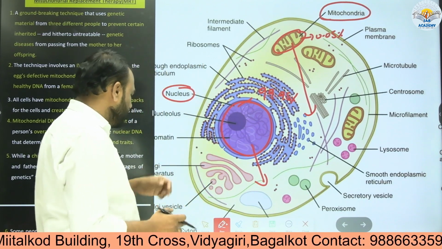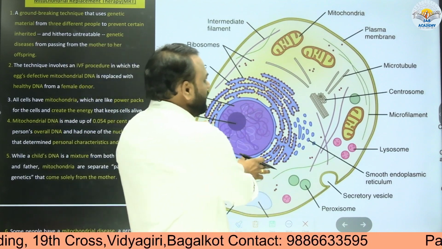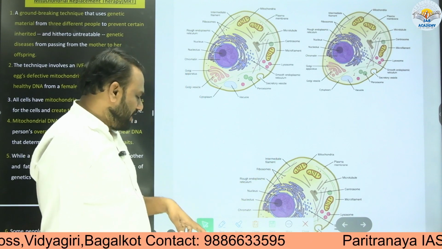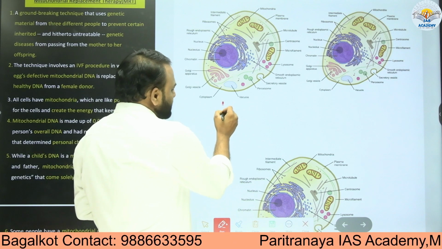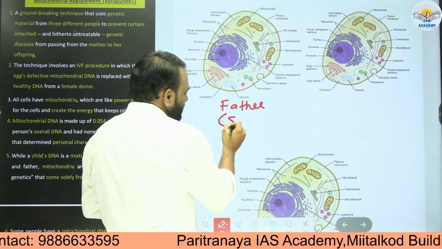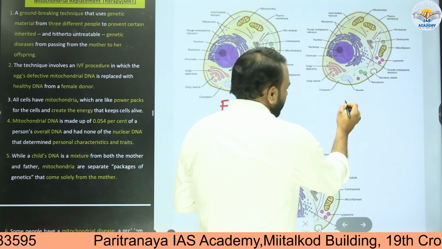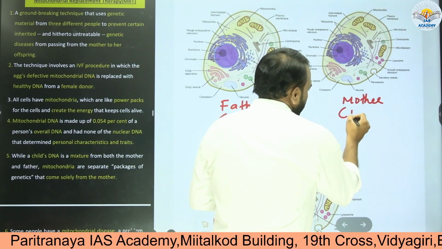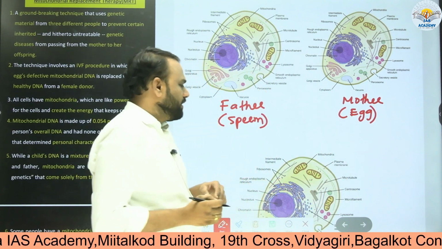Now next we need to discuss mitochondrial replacement therapy. So what is the connection between this cell and mitochondrial replacement therapy? This is an example which I have taken. Here I assume that this is the cell of a father, and especially it is a sperm cell. Here I have assumed a cell of the mother, and I assumed it to be an egg cell.